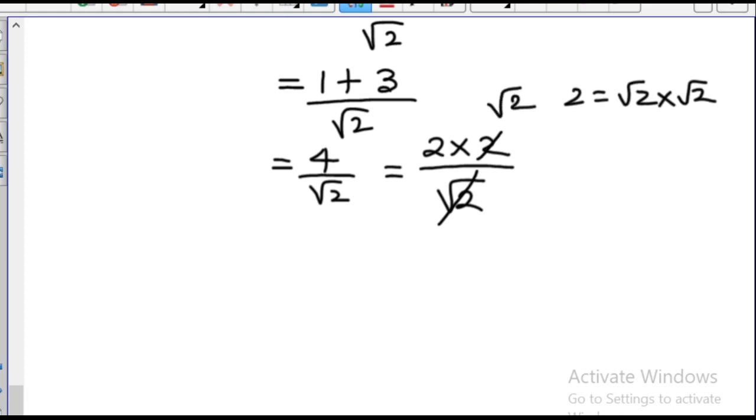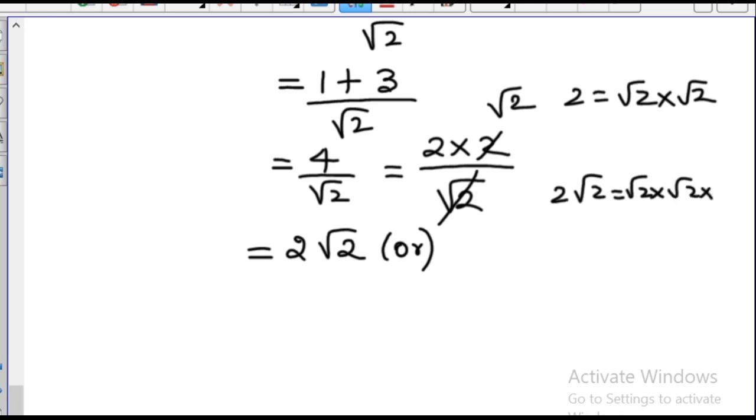So that is equal to 2 into root 2. We know that 2 is root 2 into root 2, so it means root 2 into root 2 into root 2, because this 2 is equal to root 2 into root 2. So what do you get? Root 2 into root 2 into root 2 means you will get root 8.